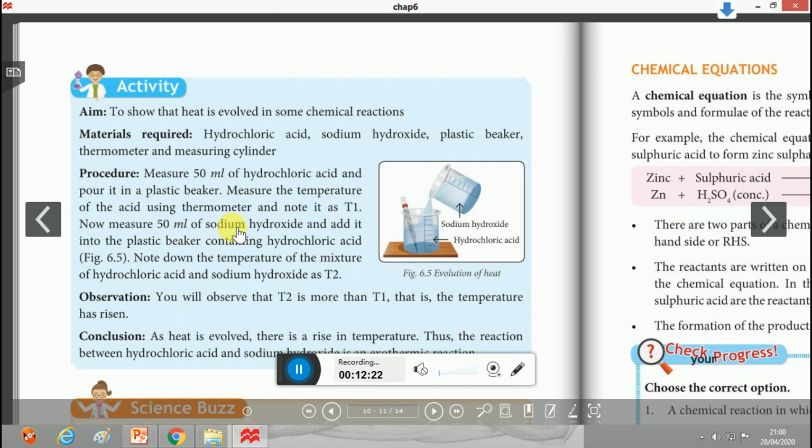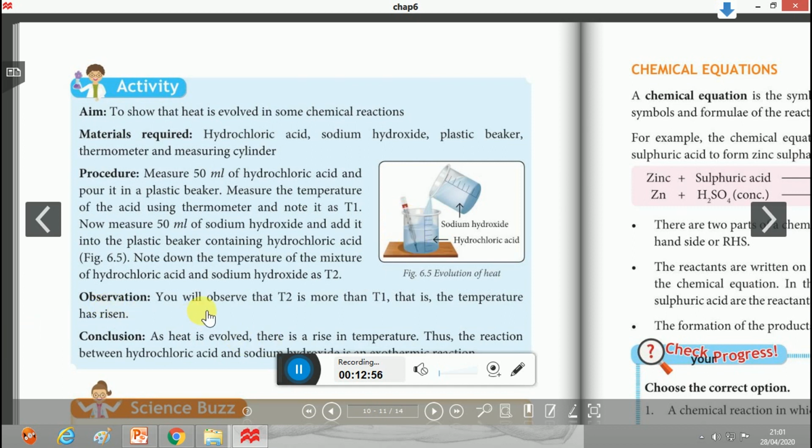Now measure 50 milliliters of sodium hydroxide and add it into the plastic beaker containing hydrochloric acid, whose initial temperature was T1 measured by the thermometer. Note down the temperature of the mixture of hydrochloric acid and sodium hydroxide as T2. After mixing you have to measure the temperature again and note it down as T2.